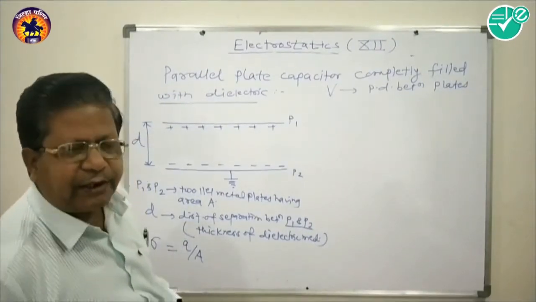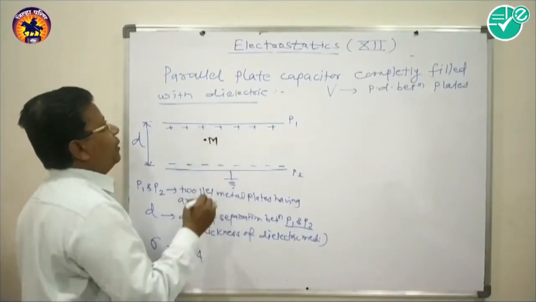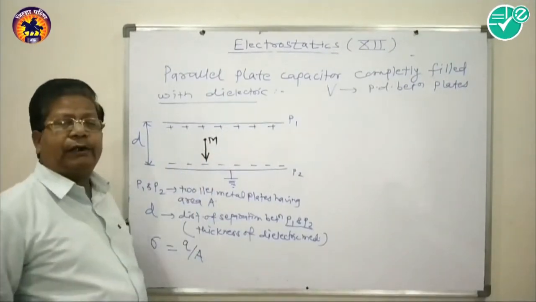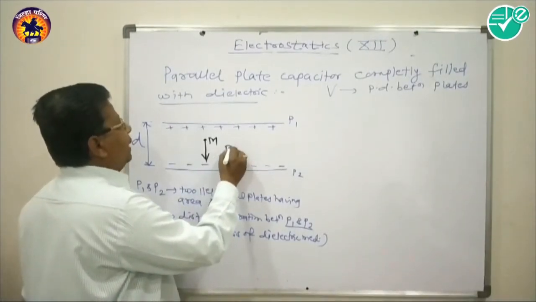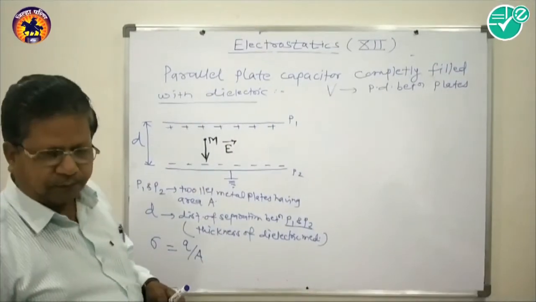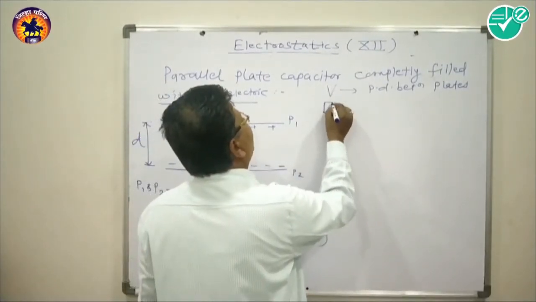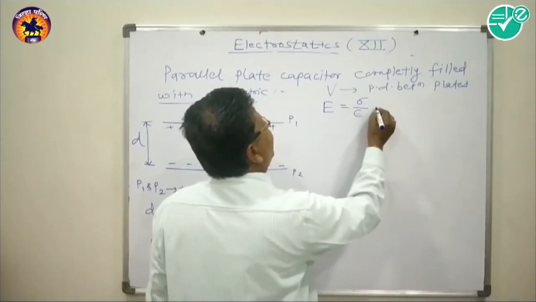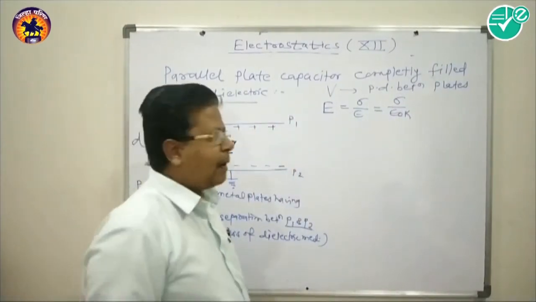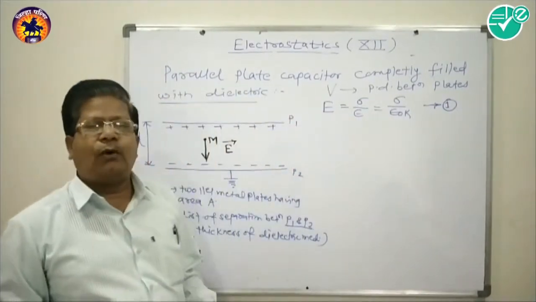Now the electric field intensity between the two plates of the capacitor, suppose at point M, is directed from positive charge to negative charge, and is given by the formula E is equal to sigma divided by epsilon, which is equal to sigma divided by epsilon 0 K. This electric intensity expression comes from the application of Gauss theorem.